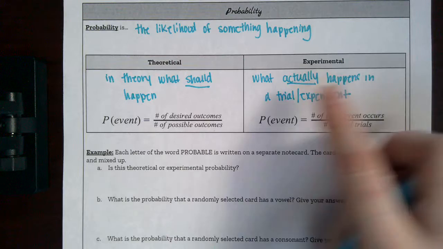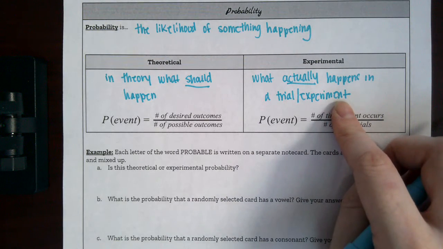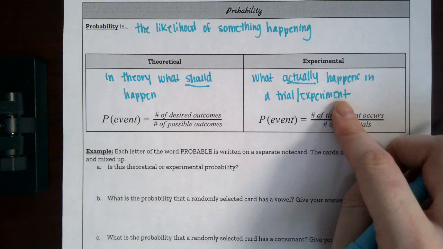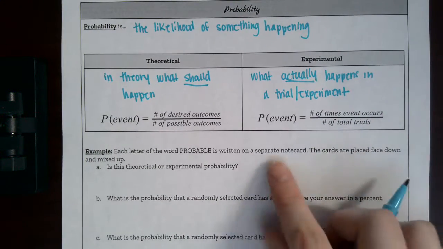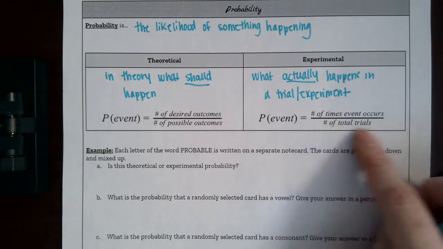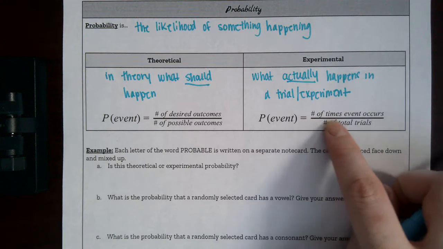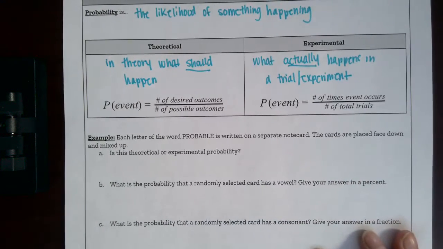And then experimental is what actually happens when you are flipping a coin. So if I flip a coin 30 times, I can figure out how many times I actually flip heads versus tails. The formula to find that one is almost exactly the same, but this is actually what happens. So the number of times the event occurs over the number of total trials.